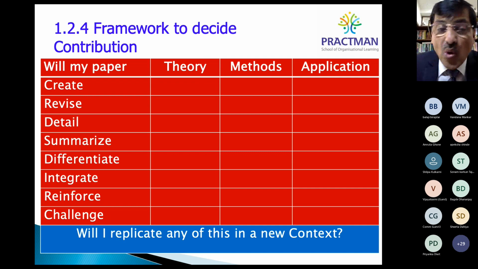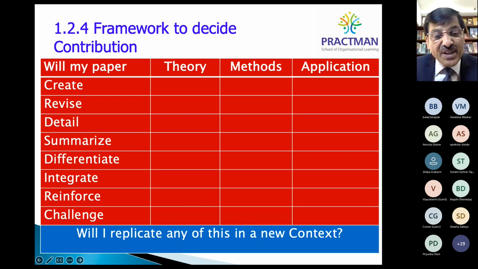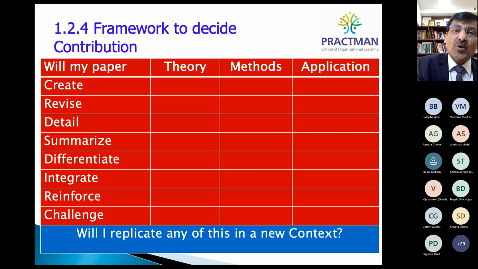And in doing so, will I be creating something new? Will I be revising something which already exists, or will I be detailing out, and like that? These are the different scopes. And finally, will I be replicating any of these in a different time context or in a different spatial context?